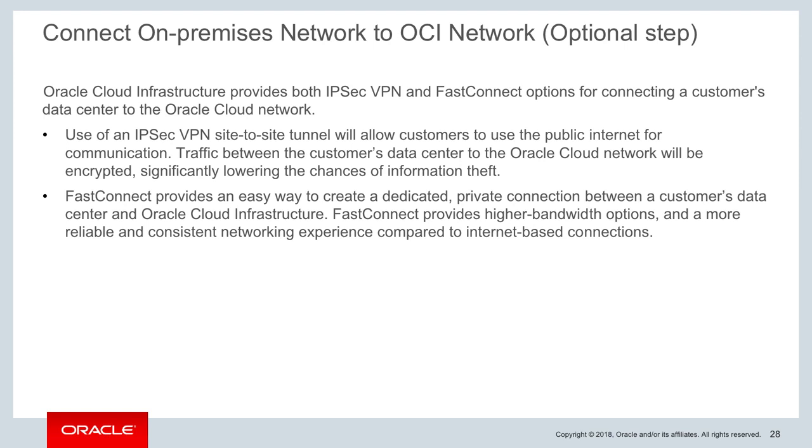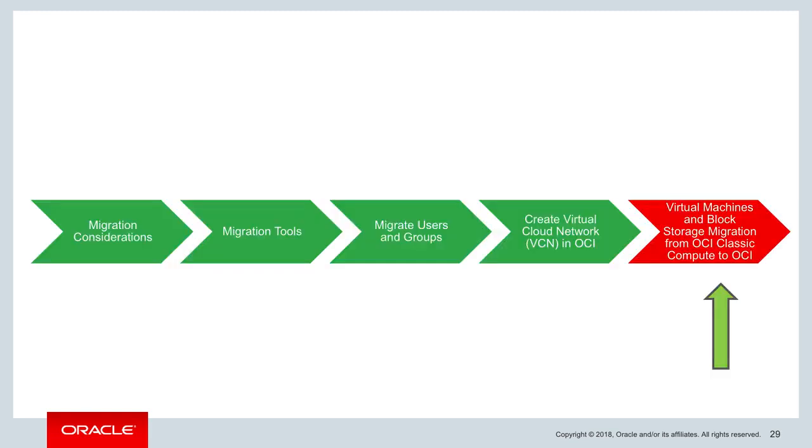Traffic between the customer's data center and the Oracle Cloud Network will be encrypted, significantly lowering the chances of information theft. FastConnect provides an easy way to create a dedicated private connection between the customer's data center and Oracle Cloud infrastructure. FastConnect provides higher bandwidth options and a more reliable and consistent networking experience compared to internet-based connections.